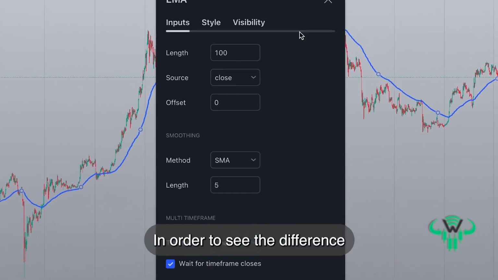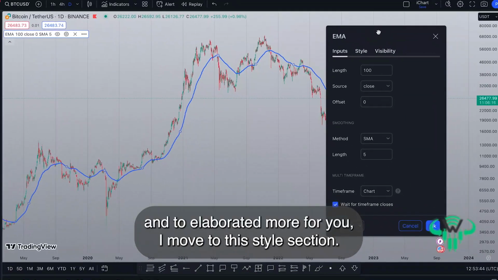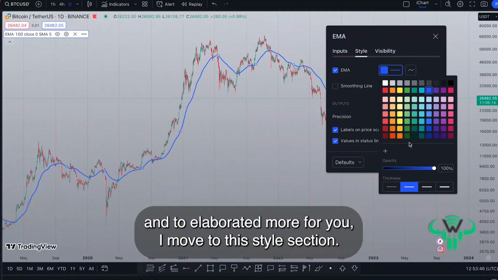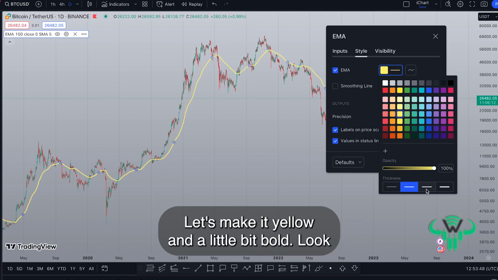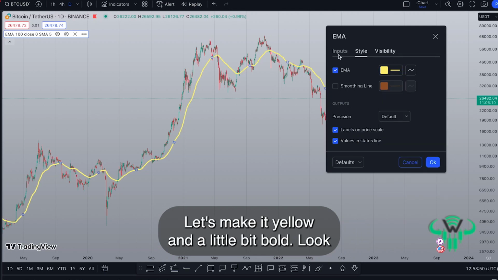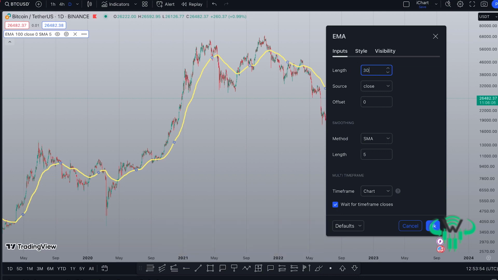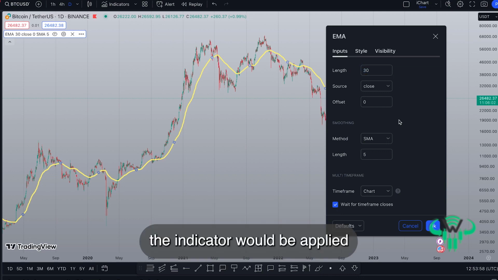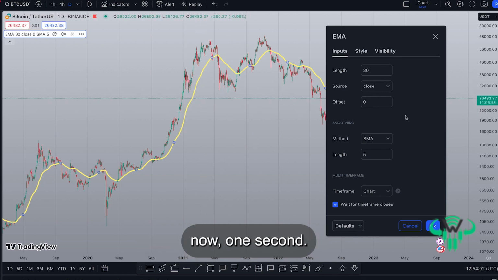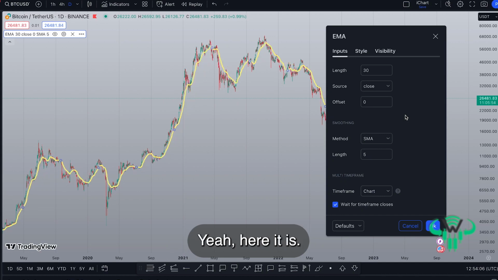In order to see the difference, and to elaborate it more for you, I move to the style section. Let's make it yellow and a little bit bold. We are in daily time frame, okay? And look at the length 3. The indicator will be applied now. Yeah, here it is.